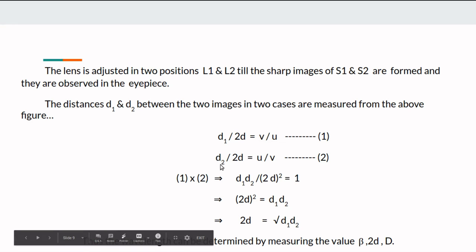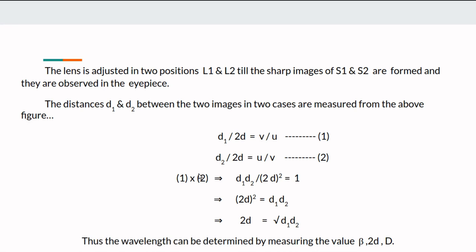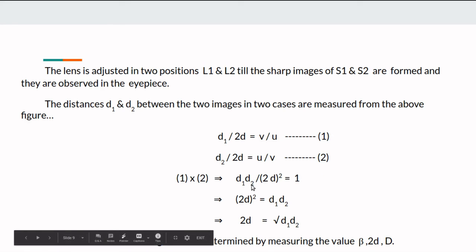In the second case, for the same formula for magnification, size of the image is D2, size of the object is the same, and U and V are interchanged. Then the formula for magnification in the second position of the lens is this much. So multiplying equations 1 and 2, you get 2D is equal to root of D1 D2.